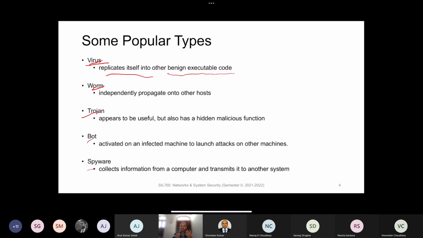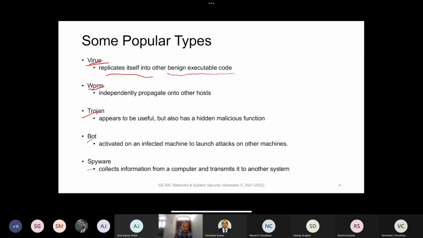It affects that benign executable code, then targets another executable code and copies itself onto that one as well. So it is just targeting these different executable codes running on a particular system. Think about a system: this virus came into your system, compromised one executable code, and then went on to replicate itself into other executable codes of your system. This type of malware is called a virus.